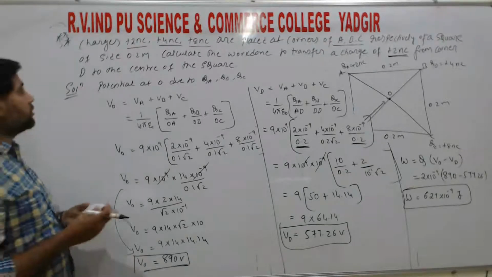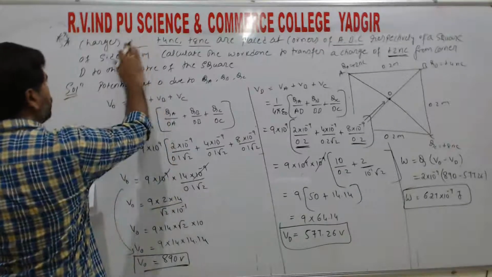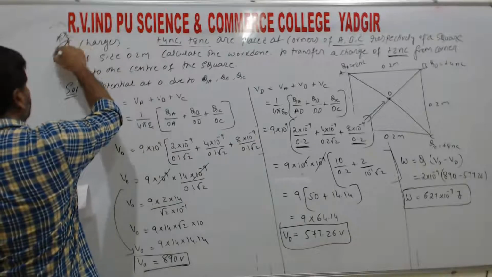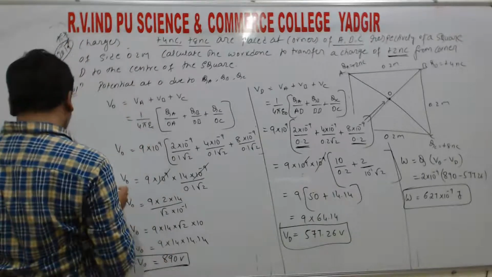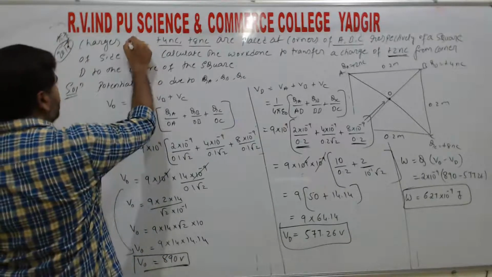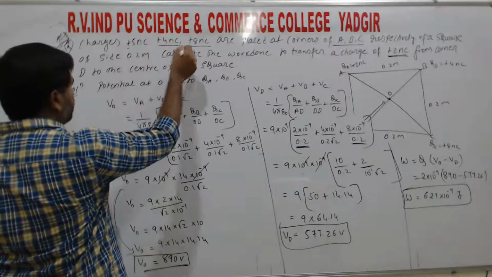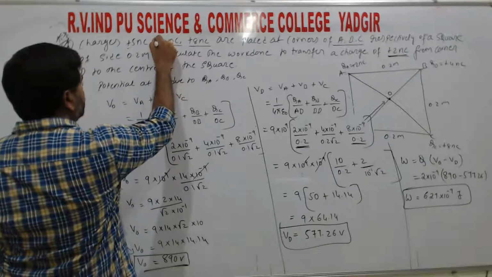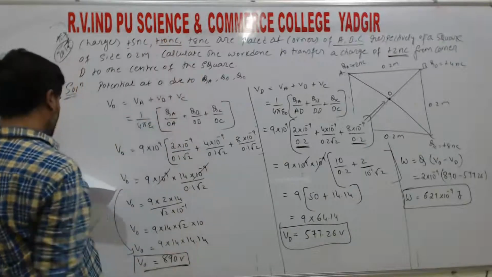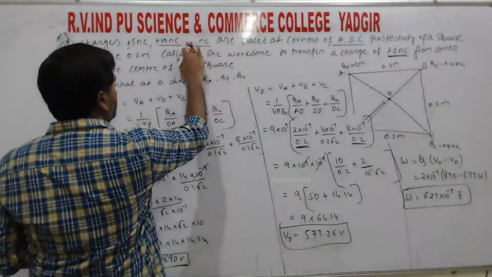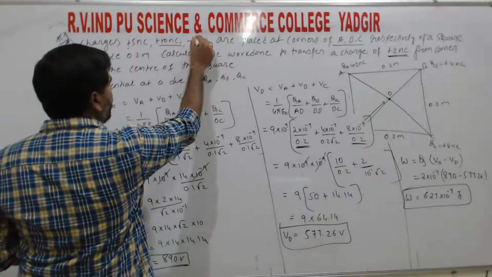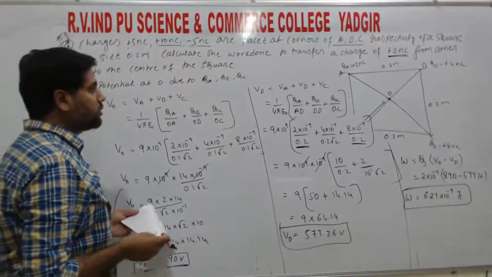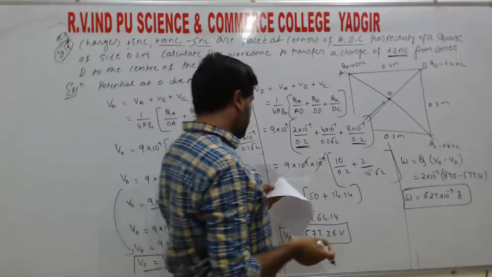So take the same method. In 2019 they asked this problem. Take it as homework, right? Plus 5 nanocoulomb and plus 10 nanocoulomb and minus 5 nanocoulomb are placed at the corners A, B, C of a square.